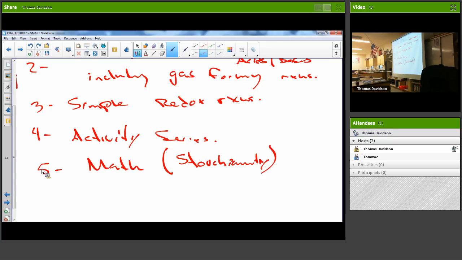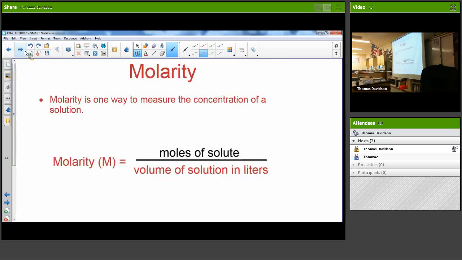The good news is we've already done it. The only thing we're doing is changing to concentration since these are happening in solution. So to introduce that, we've got to start off with this term molarity. Molarity is a new word unless you watched the videos or had regular chemistry.